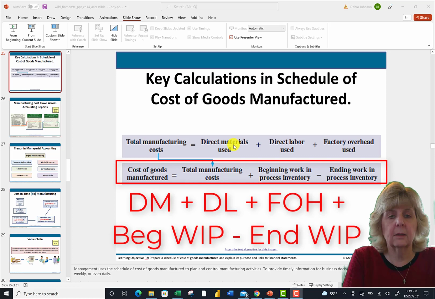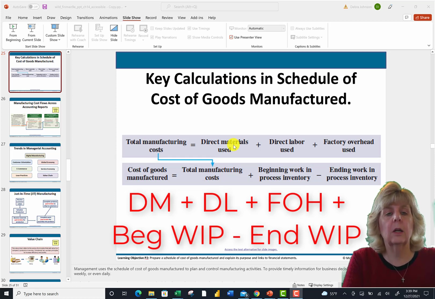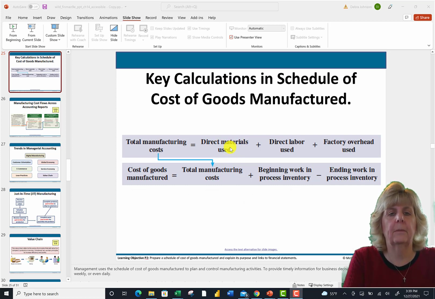That's all it is. So if you have a picture in your mind of how the T-accounts work, you'll be able to crank out this statement with little difficulty.